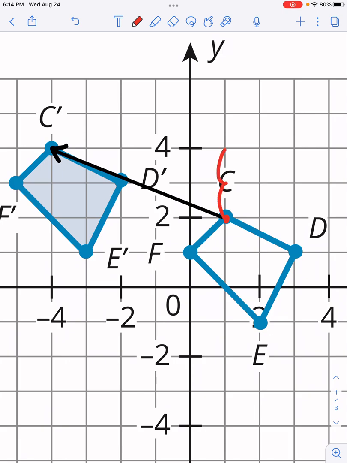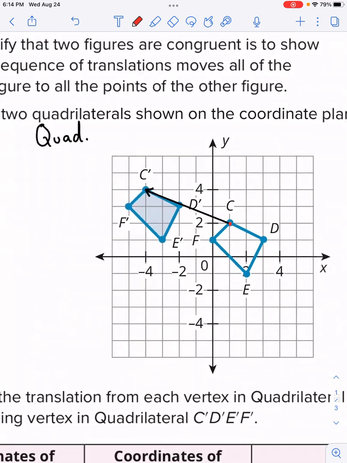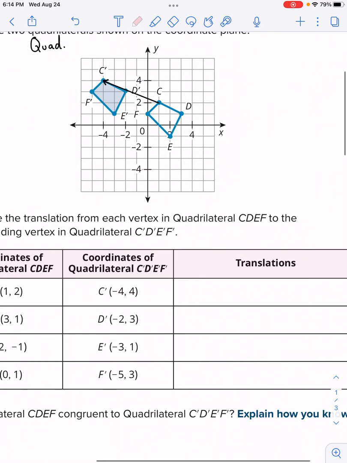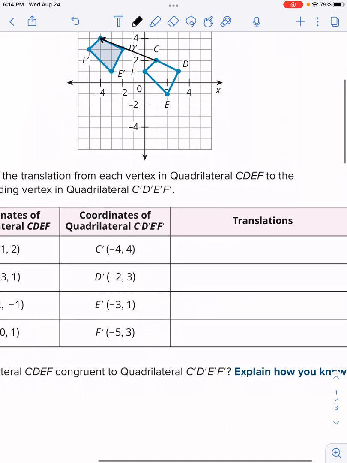So this is 1, 2 up to get to the same height. And then moving left, 1, 2, 3, 4, 5. So 2 up and then left 5. Okay. Let's go and write that in. I'll just put left 5, comma, up 2.